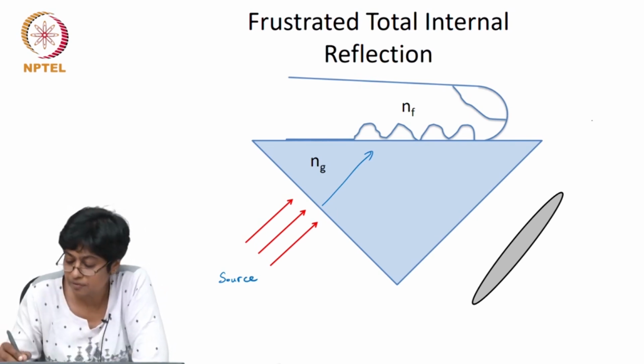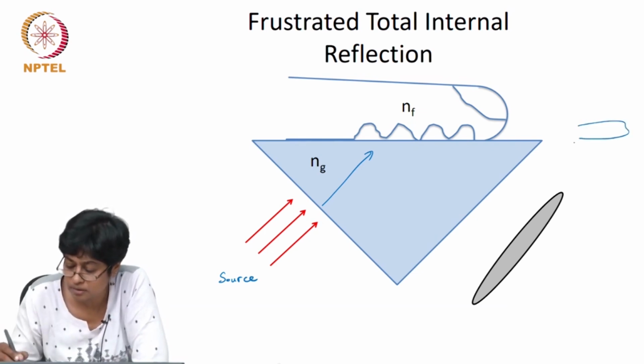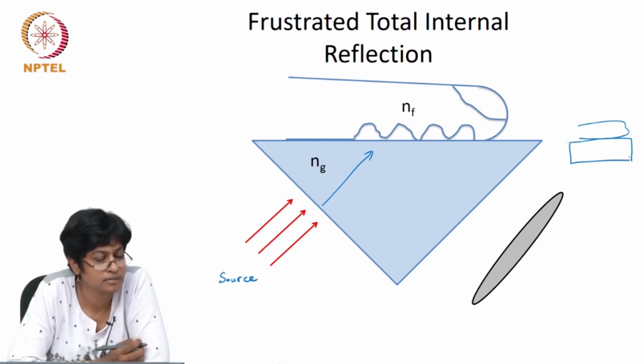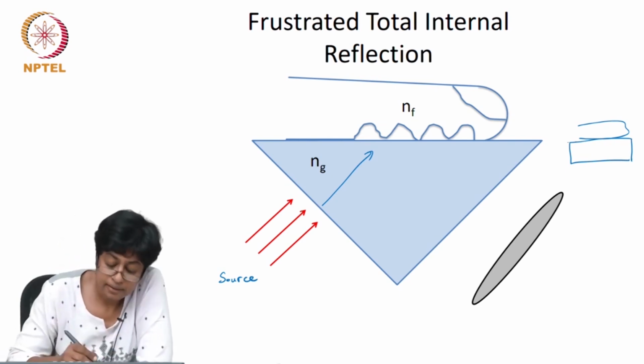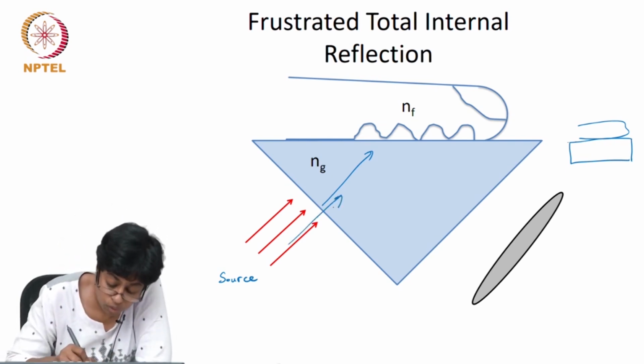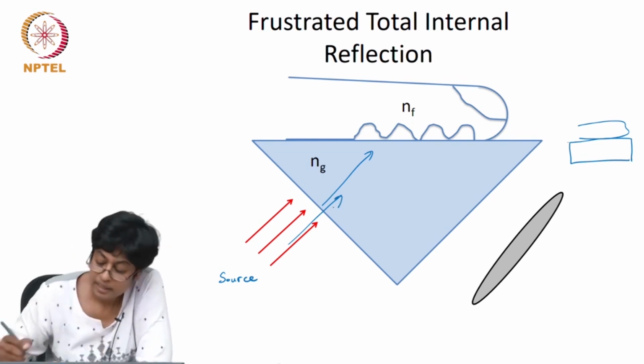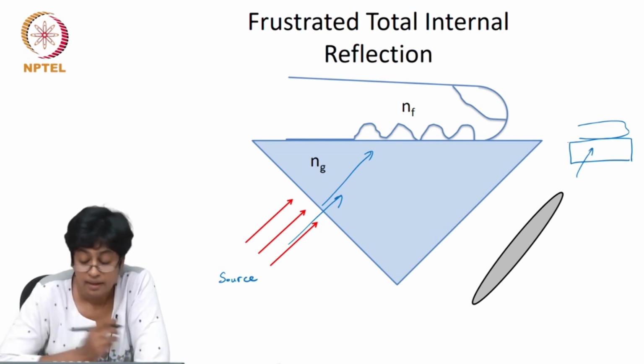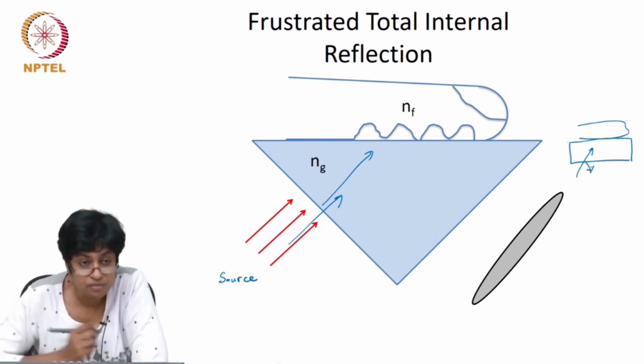Why couldn't I have, this is a finger and this is my glass block? Yes, so here I want light to go through this, but if I send light through this structure, there's always going to be reflection here.